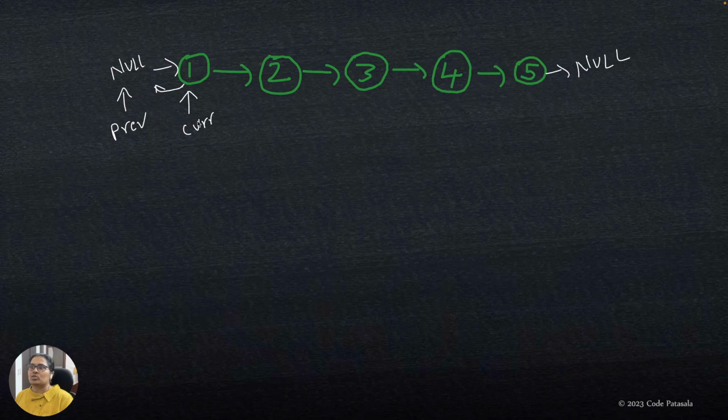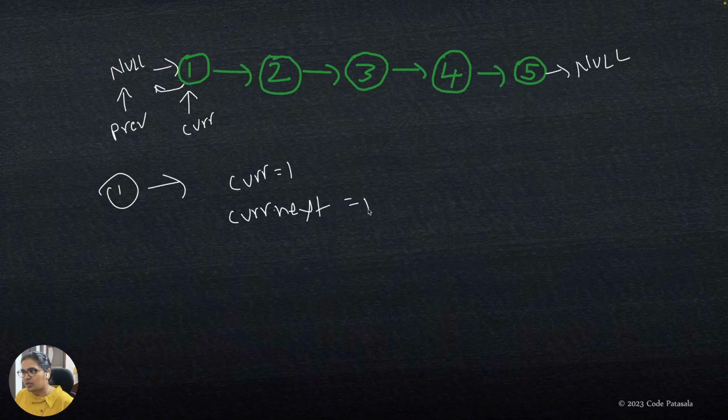Current moves to the next node. When we are at node 1, current is initially at 1. So we will make current.next point to previous, and we also have to advance current to 2.